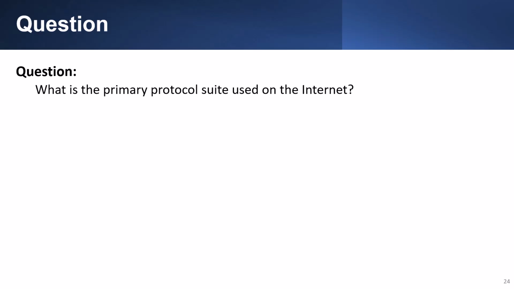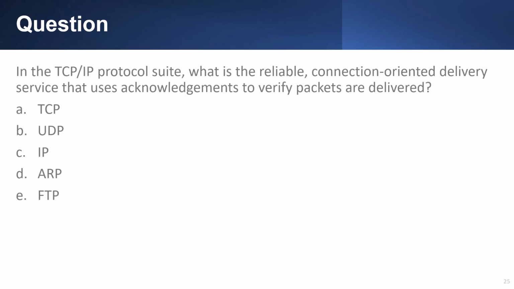Question: what is the primary protocol suite used on the Internet? Answer: TCP/IP. Question: in the TCP/IP protocol suite, what is the reliable, connection-oriented delivery service that uses acknowledgments to verify packets are delivered?